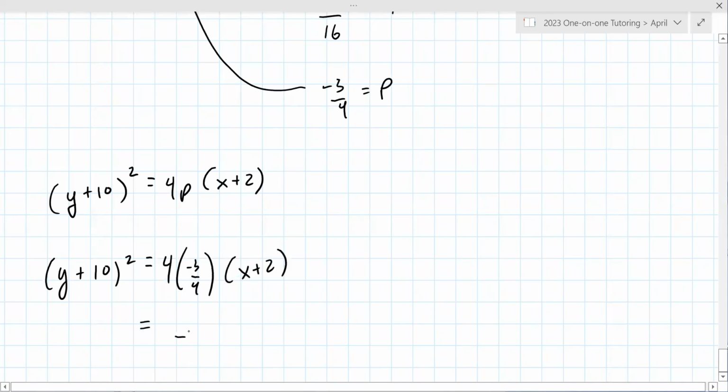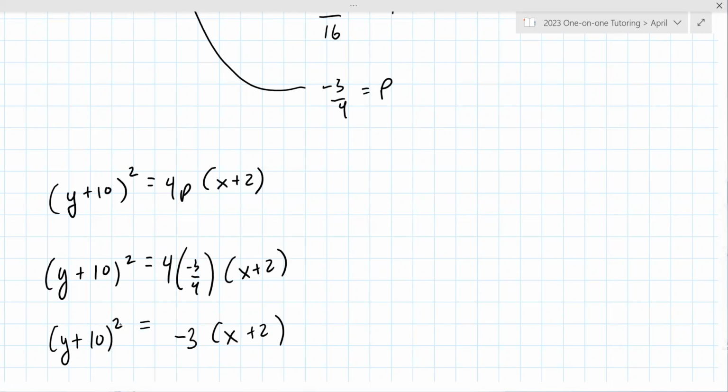The 4's cancel and you're left with negative 3(x plus 2) on the right, (y plus 10) squared. I got it. All right.